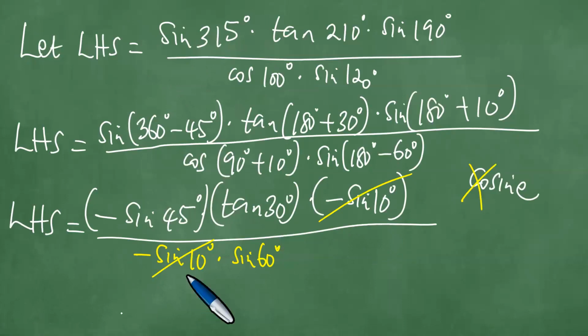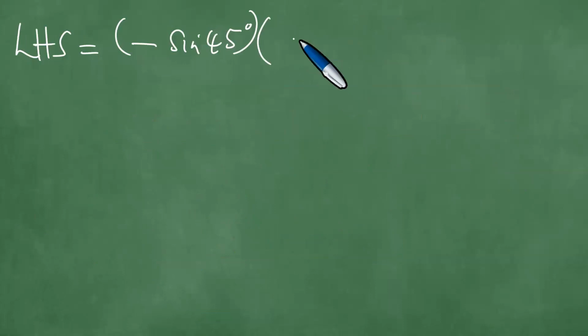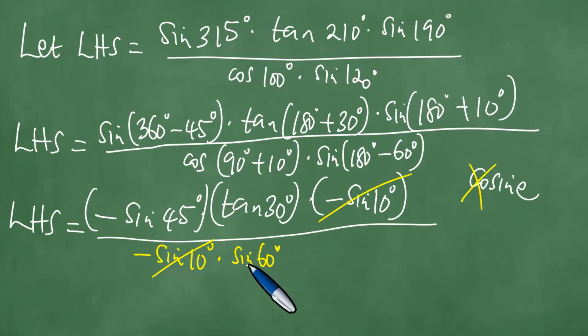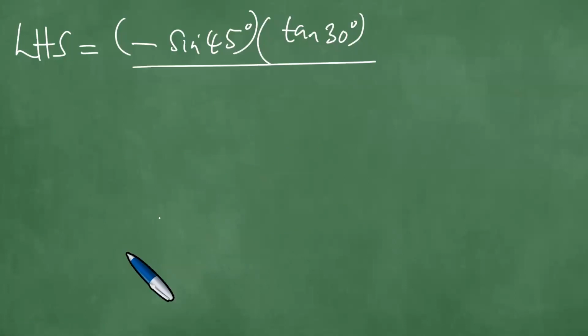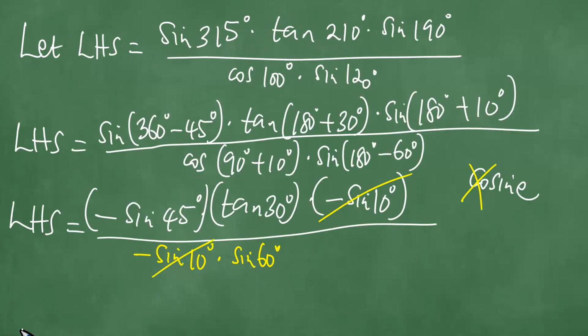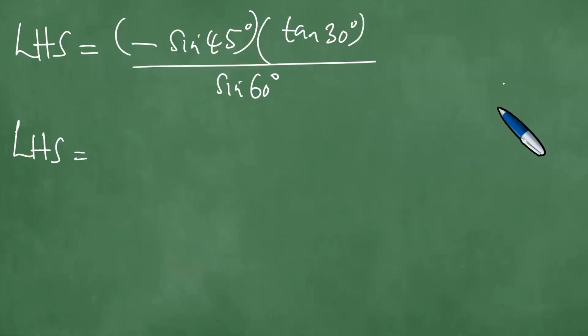And you have the tangent of 30 degrees divided by sine 60. Okay, what is sine 45?